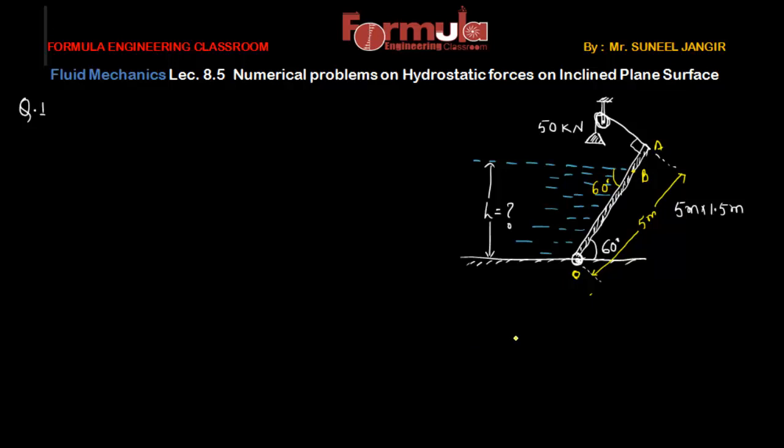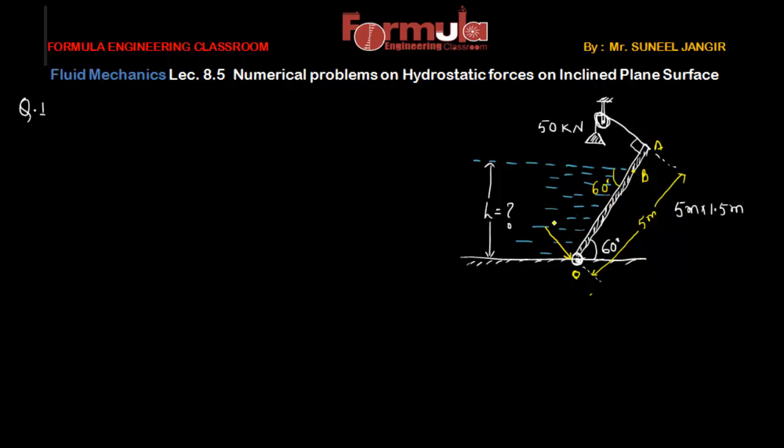First we'll try to calculate the hydrostatic force. The pressure intensity is going to be distributed over the gate, and it will look like this. Here the pressure intensity will be 0, and slowly it increases.